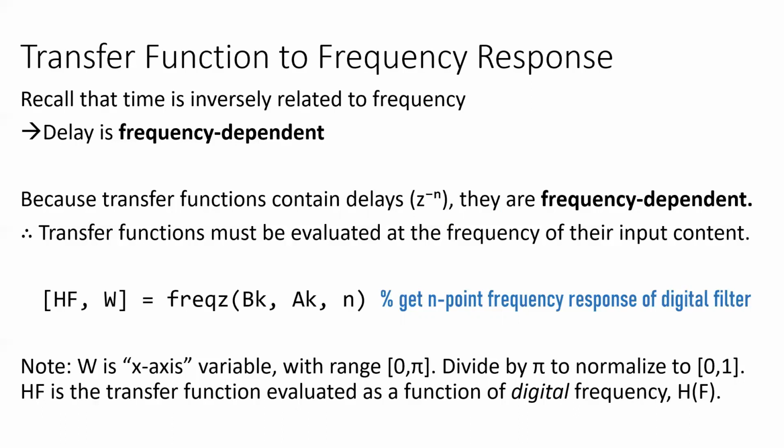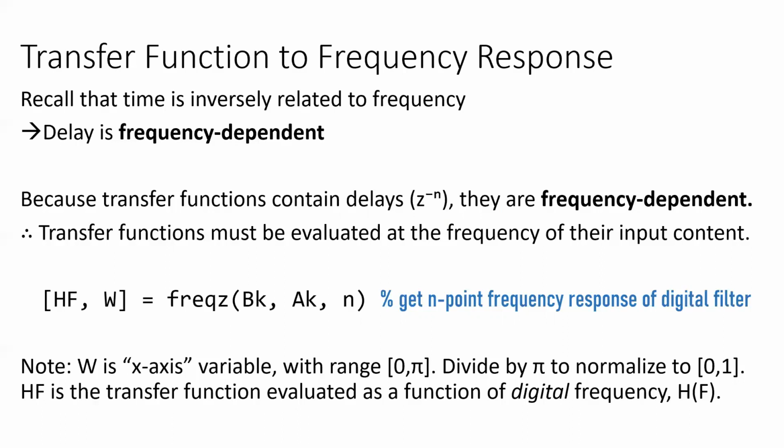Because of that, they're frequency dependent. So if you're going to evaluate a transfer function, you have to evaluate it at the frequency of whatever you're putting in. And if that thing has multiple frequencies, you have to do some cool math to evaluate that. But usually we'll just evaluate it at a single frequency at a time and then sweep all those frequencies so that we can get an idea of what it does to the whole frequency spectrum.